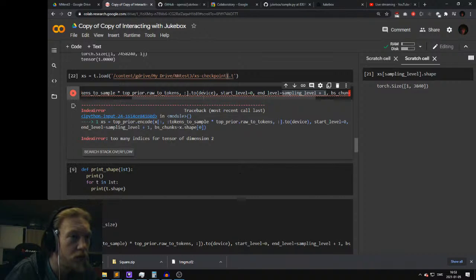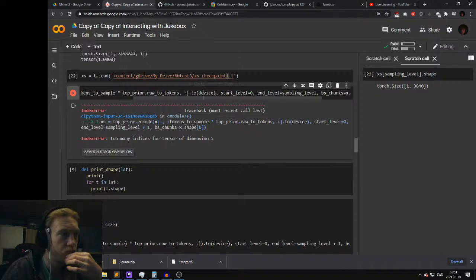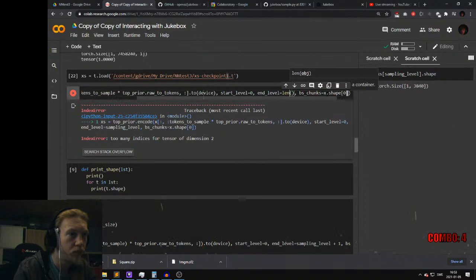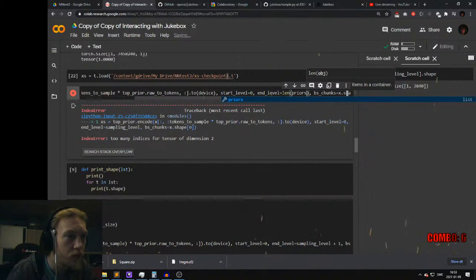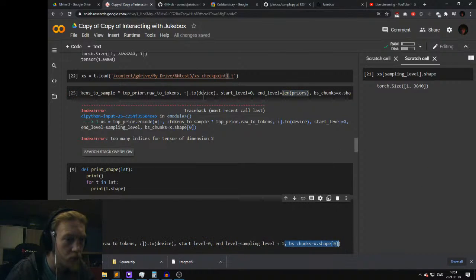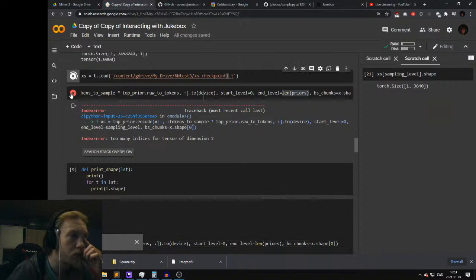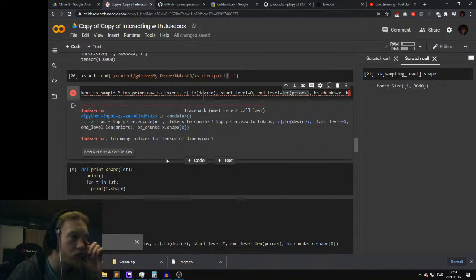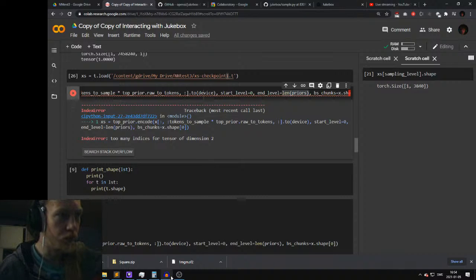No. Too many indices for tensor of dimension 2. What?